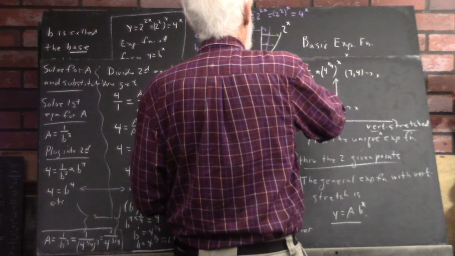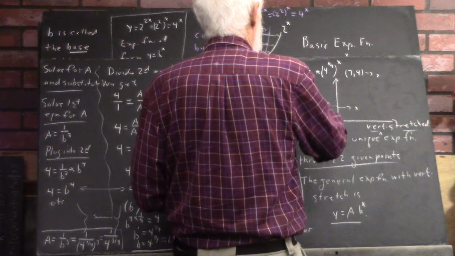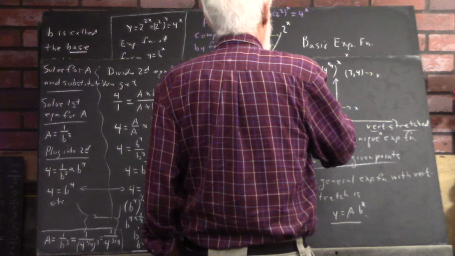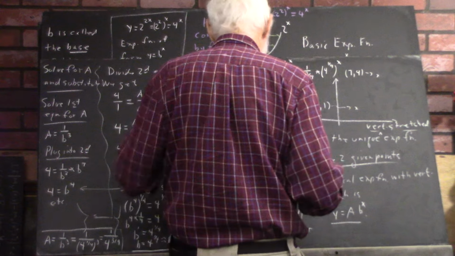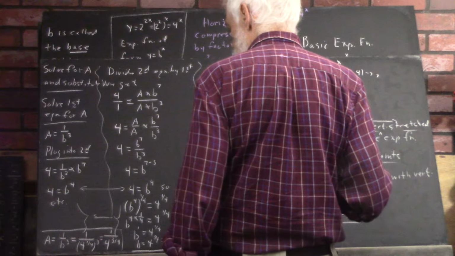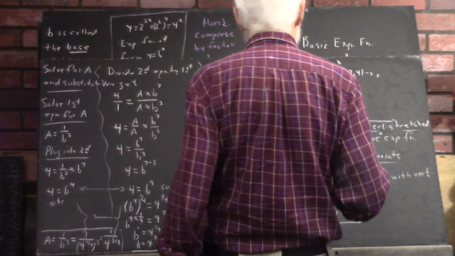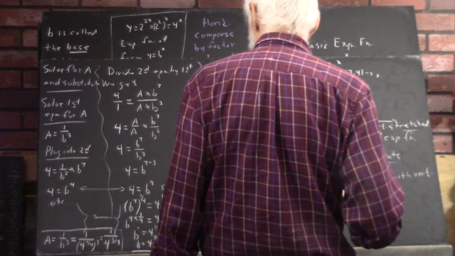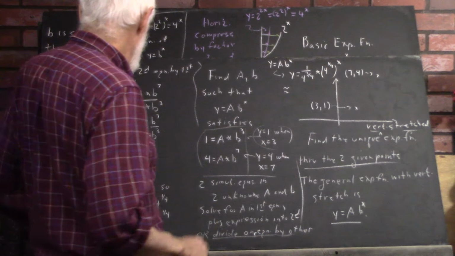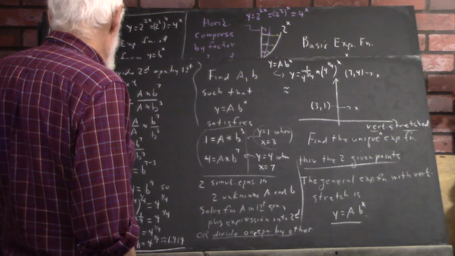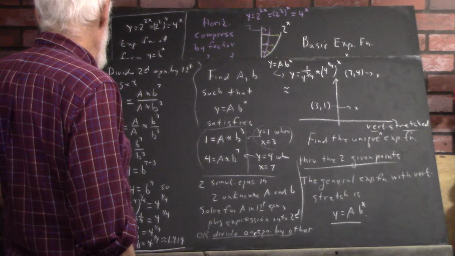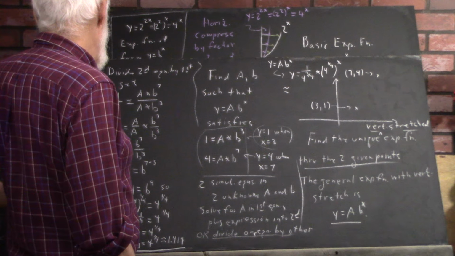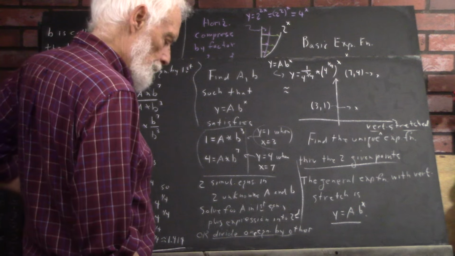So y equals a b to the x, and these values of a and b give us this, and that's approximately equal to, now you're going to make me do the reciprocal of 4 to the 3/4, which turns out to be 2.818, and the reciprocal of 2.8 is going to be between 0.4 and 0.33, a little closer to the 0.33.